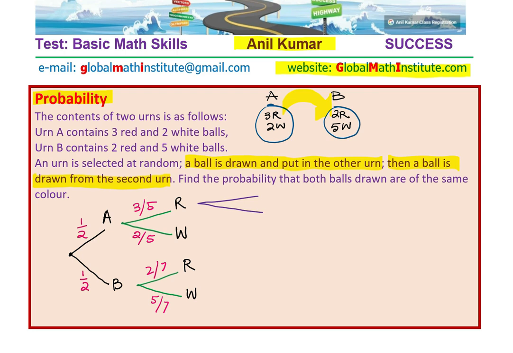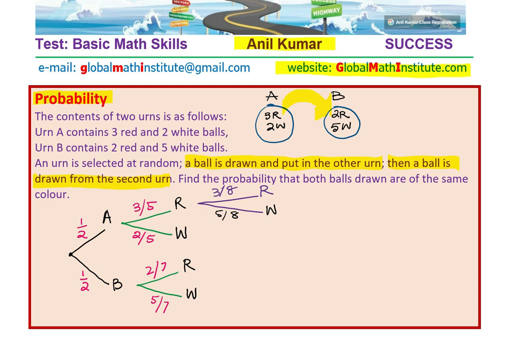So it is 3 out of 8 for red. Makes sense. And if we draw white, then there are 3 red and 5 white, 8 in all. So 5 out of 8 is the probability of picking white. Does that make sense to you?